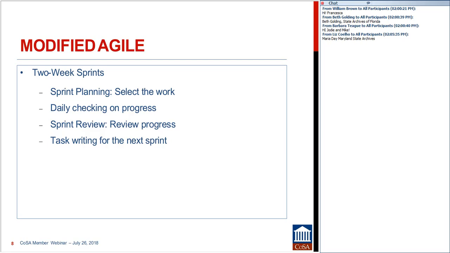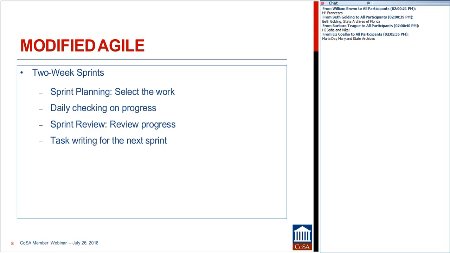So for a full Agile approach, the next thing that is required, and we very rarely do this, but some shops do, is a standing meeting every morning where everyone in the group checks in for a few minutes to say what they're working on and where they might need help.